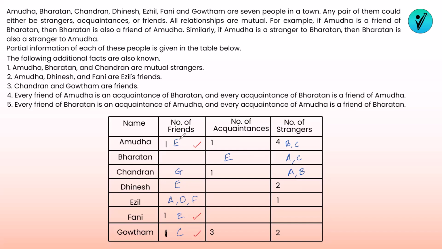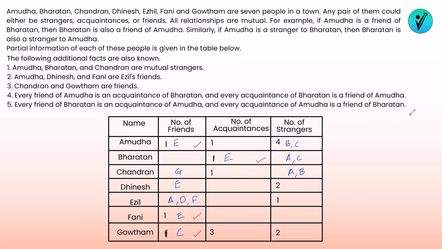Which is why we can now conclude that B does not have any more acquaintances, which means B has only 1 acquaintance. I hope this statement is clear to everybody. So I will be listing down 1 acquaintance for B, and we have taken care of this particular box also.